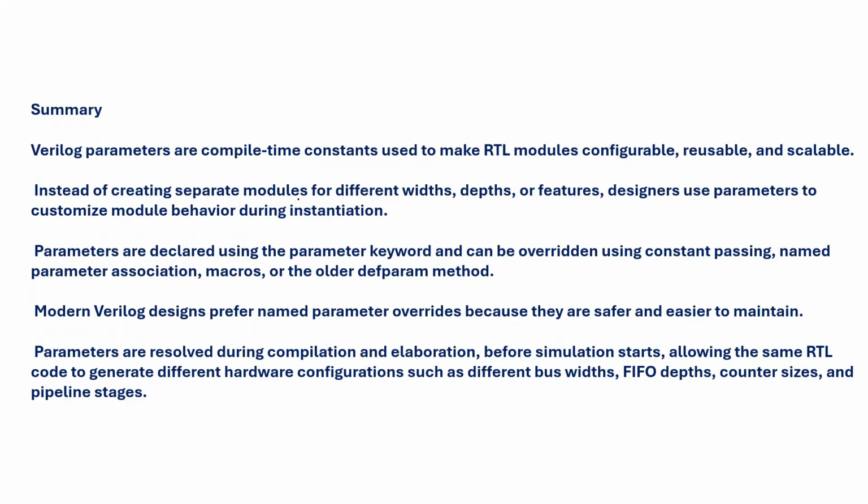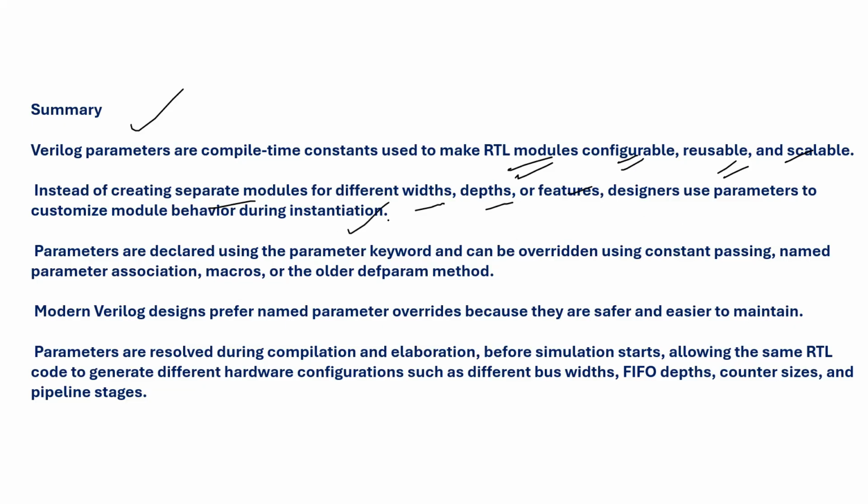Verilog parameters are used at compile time, making the RTL module reusable and scalable, a configurable module, right? That is the reason parameters are utilized. Why do we go for parameters? Instead of creating separate modules for different widths and depths, we use the same customized behavior.